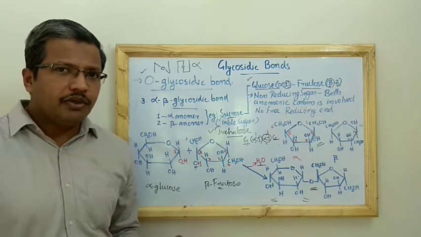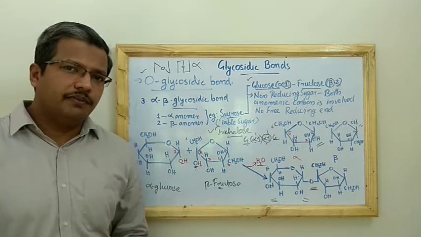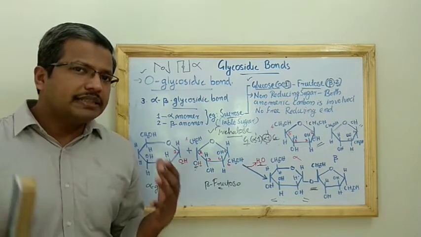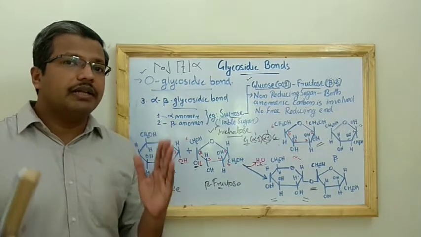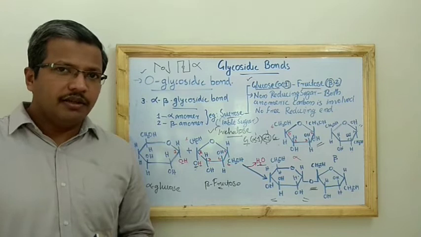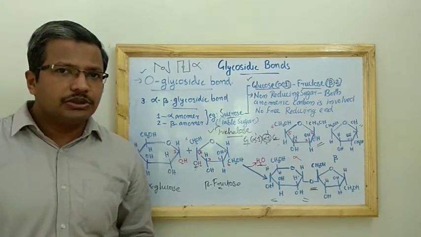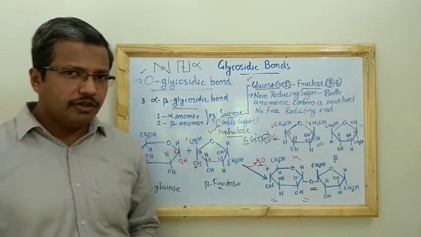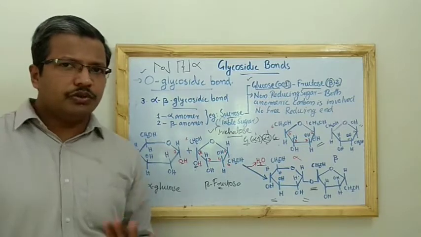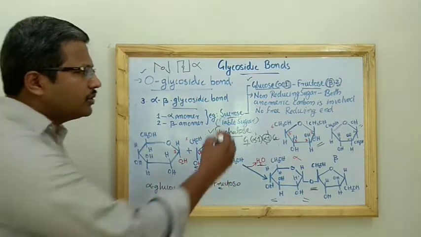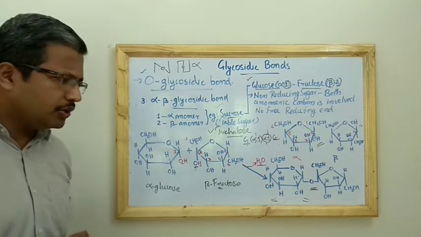So at that time when you see the question, you may think it is out of syllabus. Don't think like that, because the disaccharides we are covering under the glycosidic bond. So disaccharide is there in your syllabus, but it is not mentioned because it comes under the glycosidic bond. So keep that also in mind. Whatever disaccharides we are learning under the glycosidic bond, you should remember what is meant by reducing sugar and non-reducing sugar.